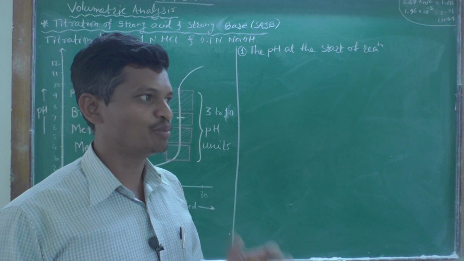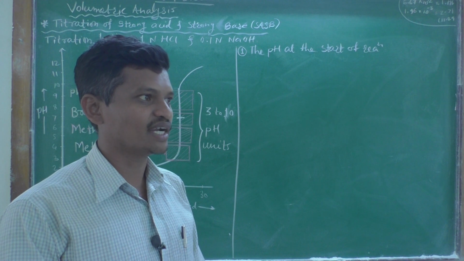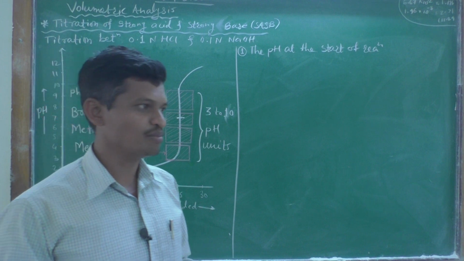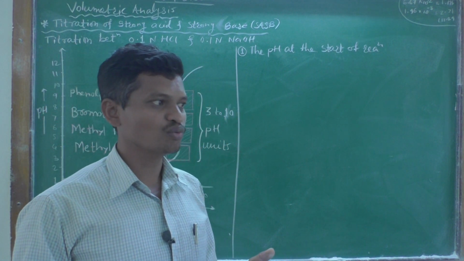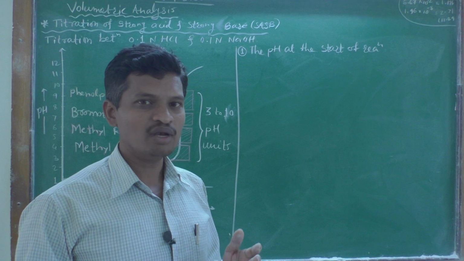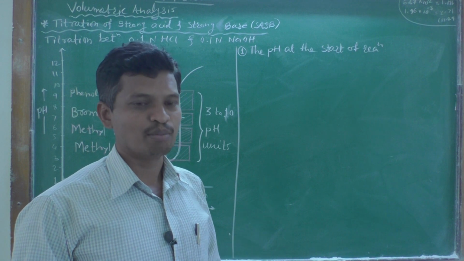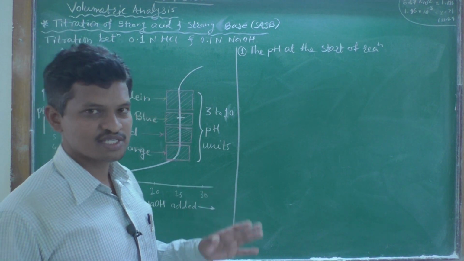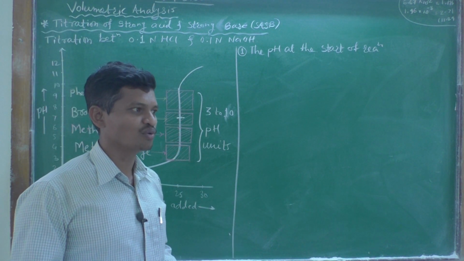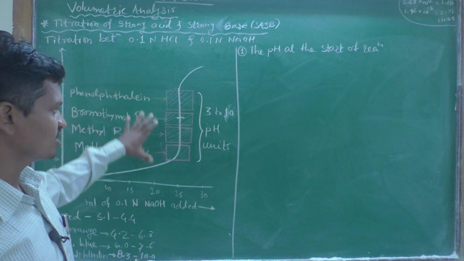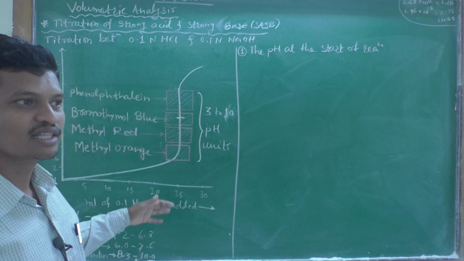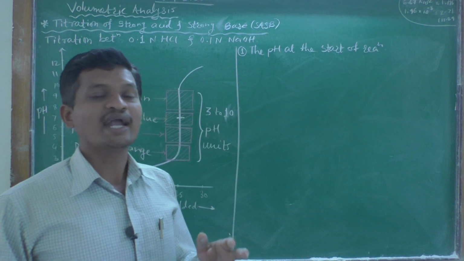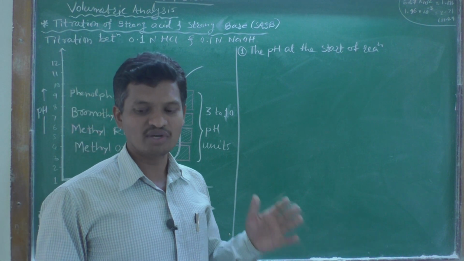In your university examination, out of these three, one titration may be asked as a long answer type question. So it is important from the exam point of view: the nature of this graph, the suitable indicators, the best indicator, and how to calculate the pH of the solution at different stages of the titration, that we have to determine here.